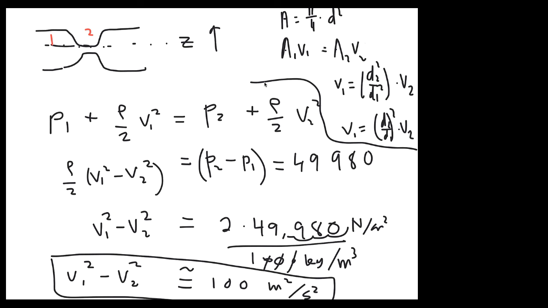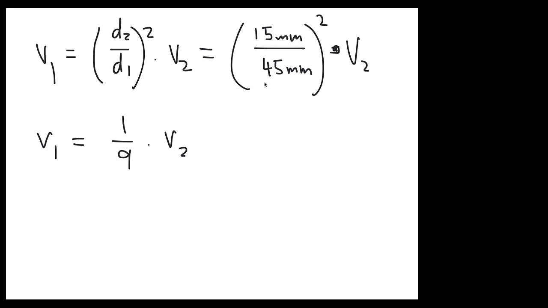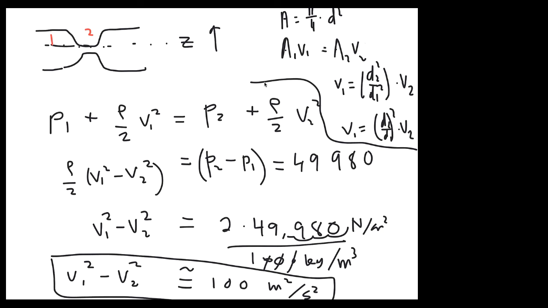So v1 is 1/9 v2, and if we go back to our previous slide, we can plug in those relationships.